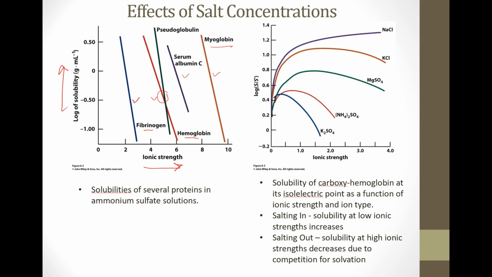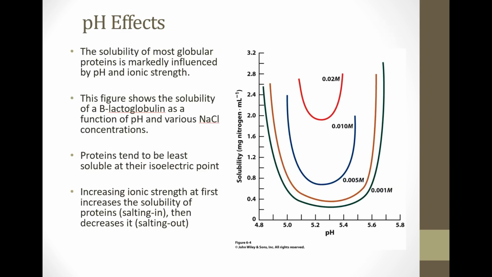Likewise, it's not just a matter of ionic strength, but how effective different salts are specifically as you increase ionic strength for changing the solubility of different proteins. This is a summary of how pH can affect solubility of globular proteins.